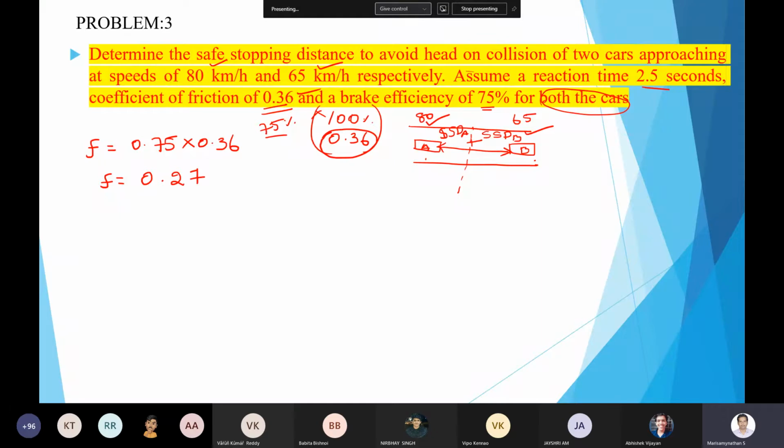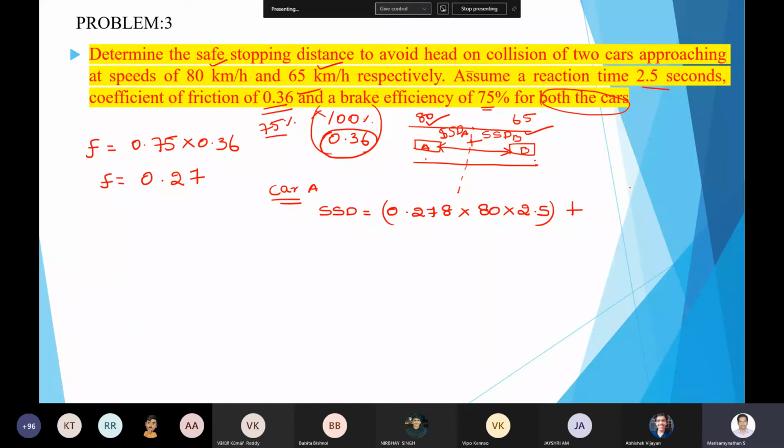Then the remaining everything is the same as the previous problem. You have to estimate for car A the SST value. SST is equal to, there is no gradient, so directly you can apply 0.278 into the speed of the vehicle, 80. Reaction time is given as 2.5 seconds. So this is the lag distance.